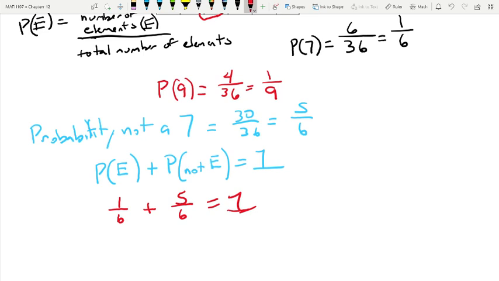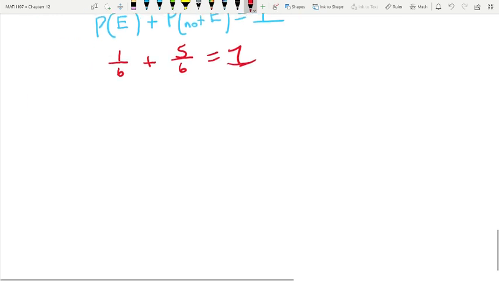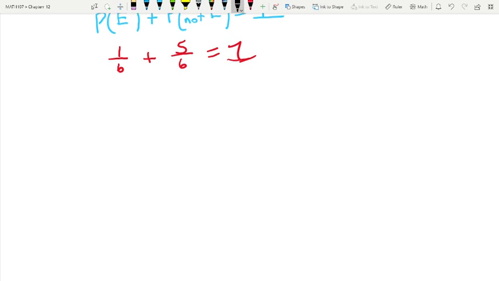So you have a connection between probability and odds.